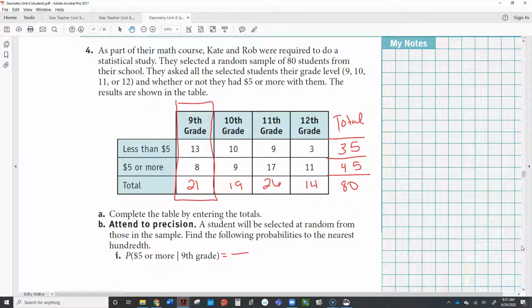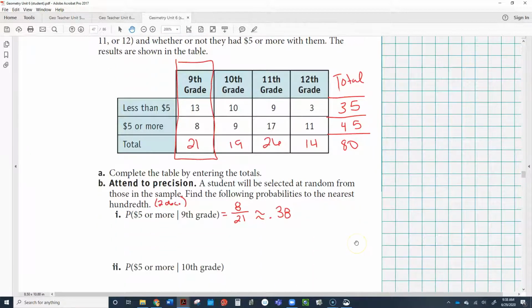The total number of 9th graders that participated was 21. And out of those 21, the ones that had $5 or more was 8. And if you do 8 divided by 21, to the nearest hundredth, that's 2 decimal places, it's about 0.38.